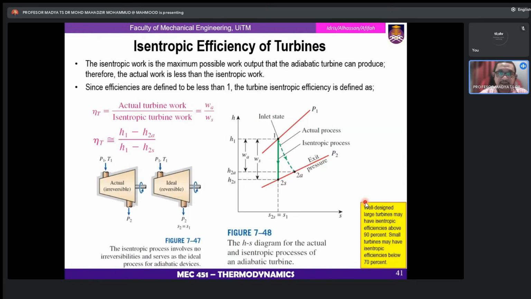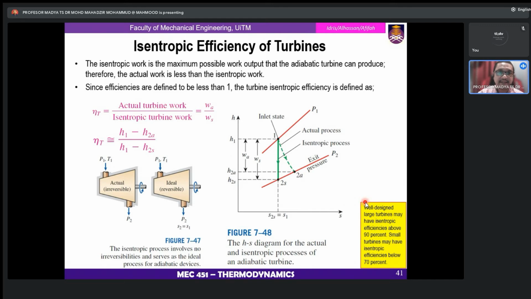Okay, this is the isentropic efficiency of a turbine. Turbines, pumps, nozzles, all of these devices we assume as isentropic or adiabatic processes.